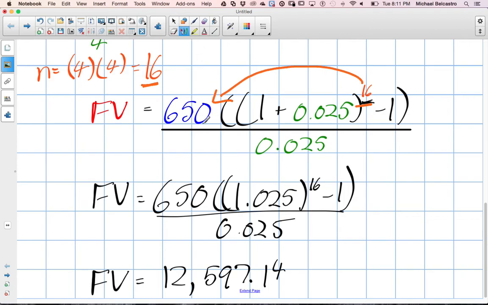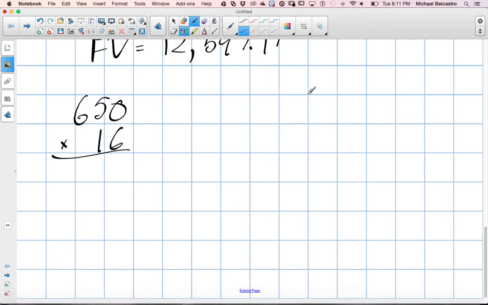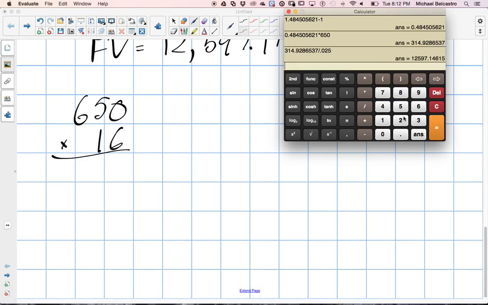So we take this 650 and multiply it by the number of payments we made. We had 16 total payments at $650.